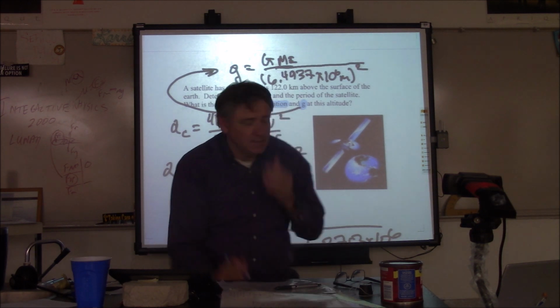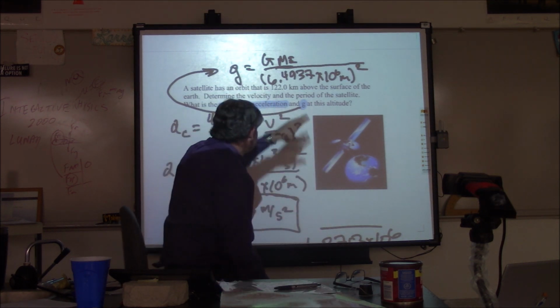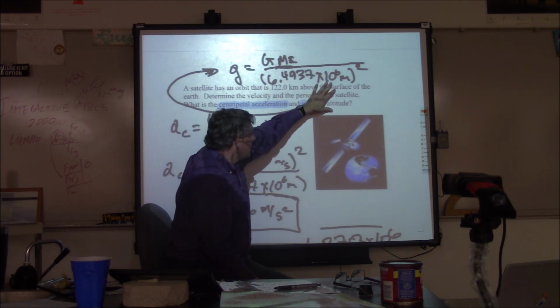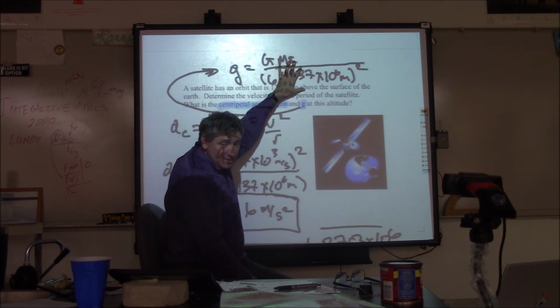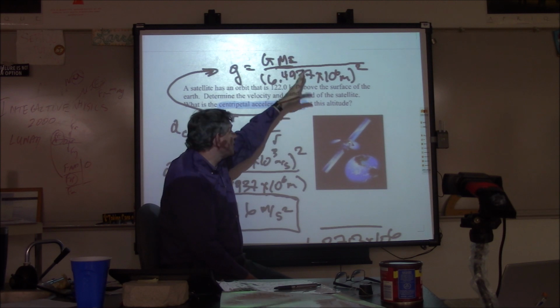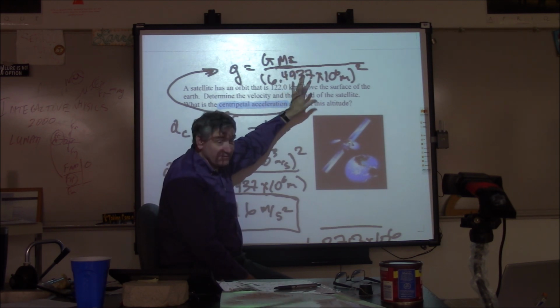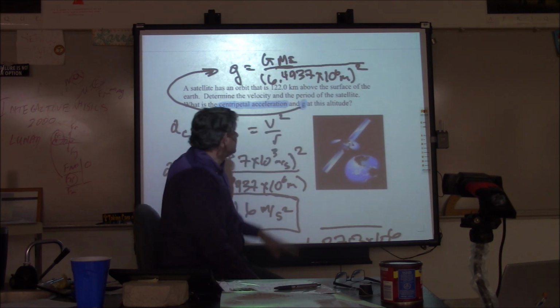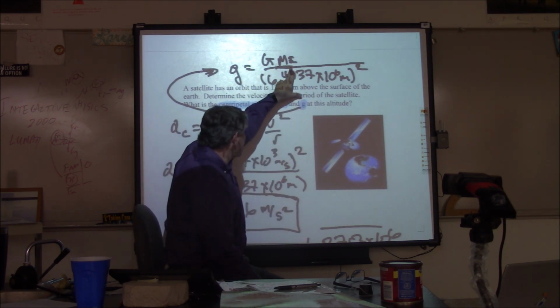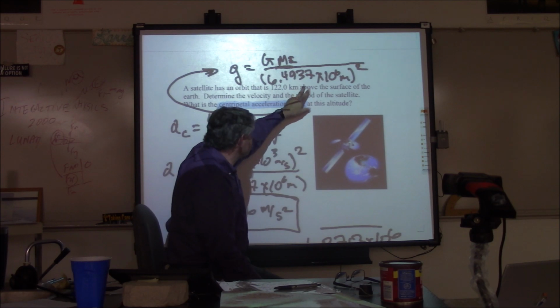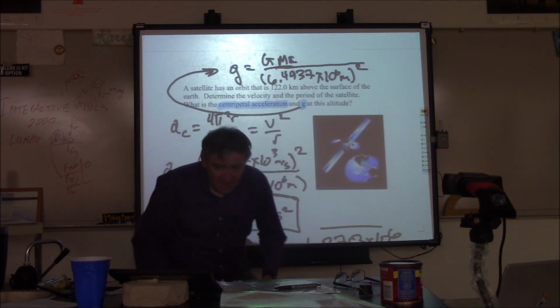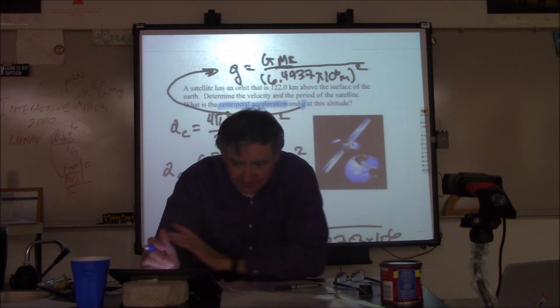So, again, this is like 10 to the 12th. That's going to work out to be about 10 to the 12th. I shouldn't have any exponent at all left over on this deal. Or if I do have an exponent, it shouldn't be very big. So somebody plug in big G, mass of the Earth, 6.4937 times 10 to the 6 meters squared, and let me know what you get.